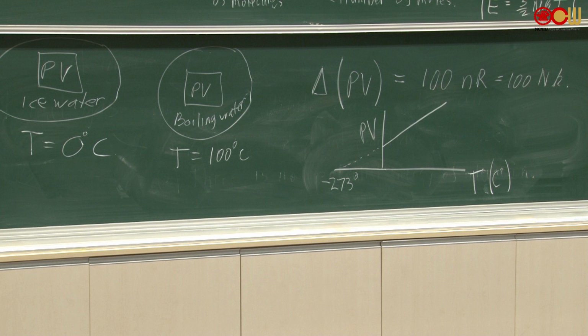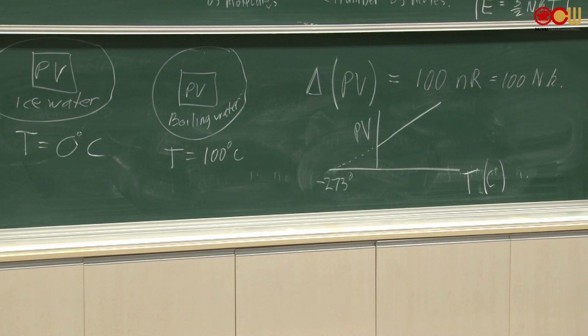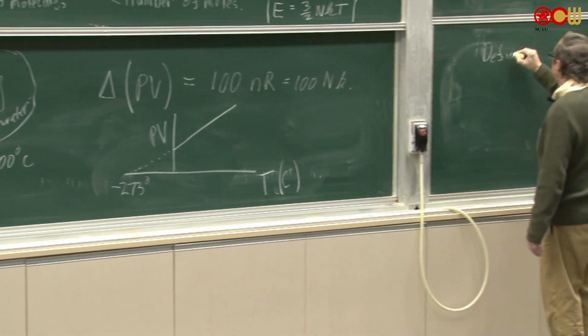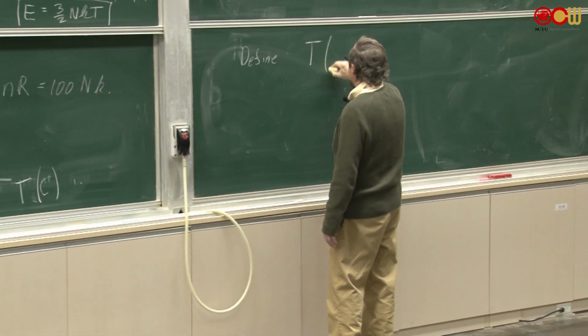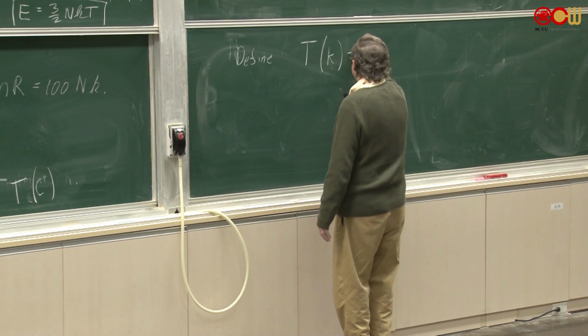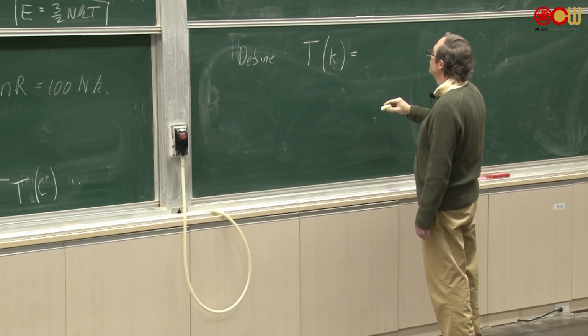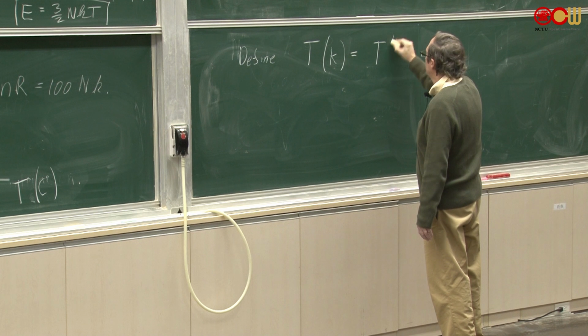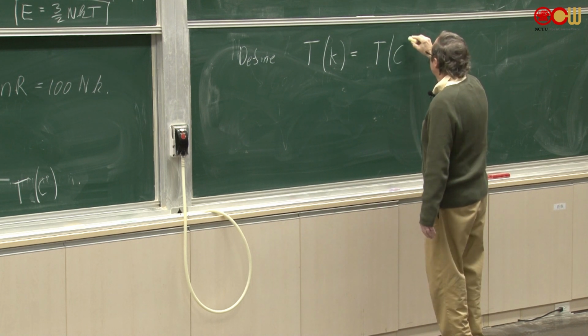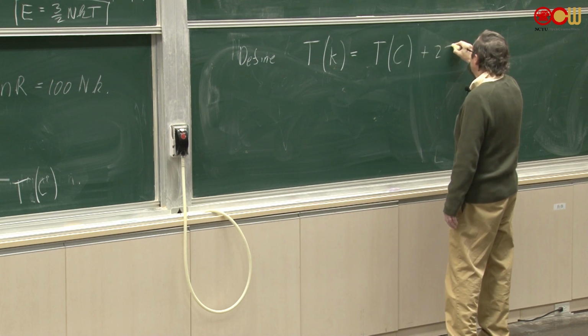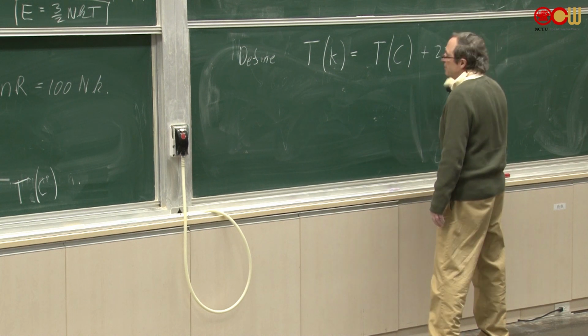All right? So we define temperature in Kelvin as equal to temperature in centigrade plus 273 degrees.